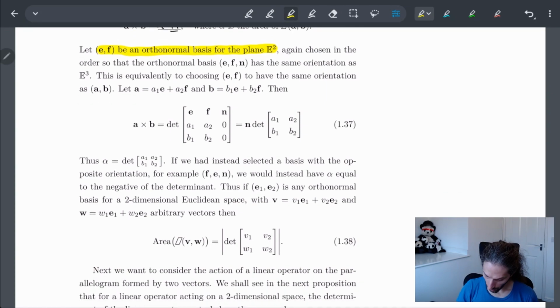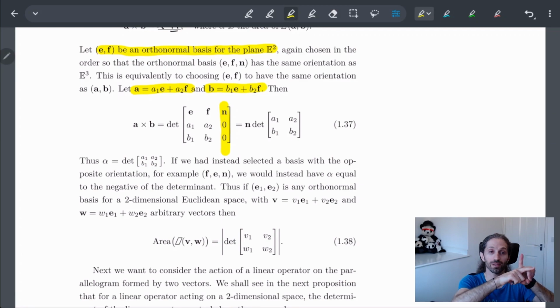So here, since we have E and F as our basis, we can write A and B in terms of E and F. And then you notice there's nothing in the third space. So here, the cross product is just equal to this determinant, but the third entry in each row is equal to 0 because there's no n component when we write these as a linear combination, because A and B live in this plane.